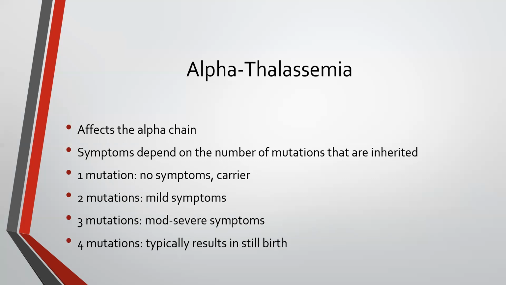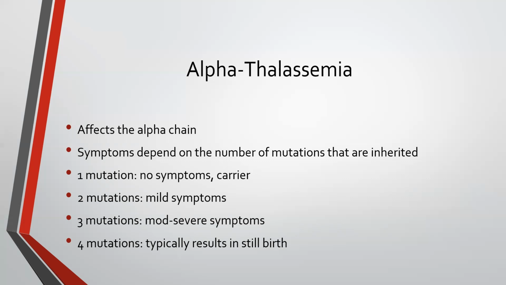So Alpha-Thalassemia is, of course, the alpha chain of the hemoglobin. And the symptoms are going to depend on how many mutations are inherited. And so if there's one mutation, not that big of a deal. You're considered a carrier. There's no real symptoms. Mutations 2 and 3 go to mild, moderate, and severe.